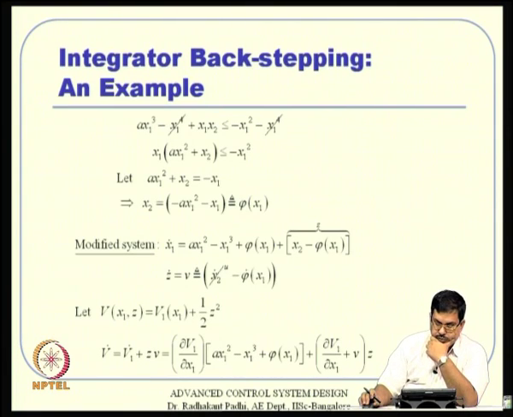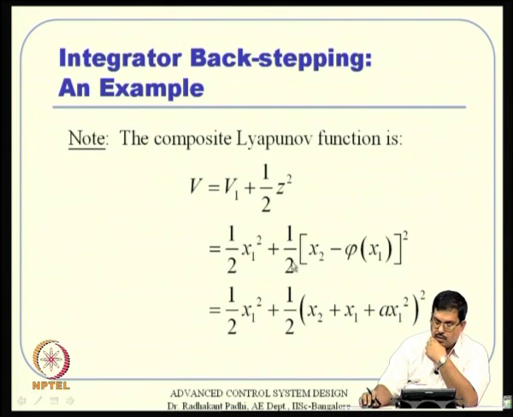Z is x2 minus phi of x1. So we put x2 minus phi of x1 for that part. This is the composite Lyapunov function for the total system. The first part is only for the first equation; when you put the second one in, it becomes the Lyapunov function for the total system.